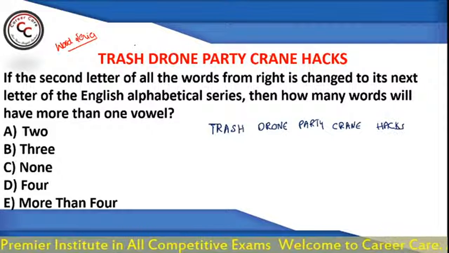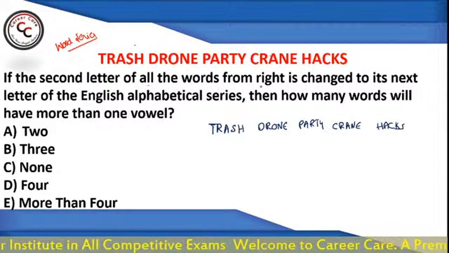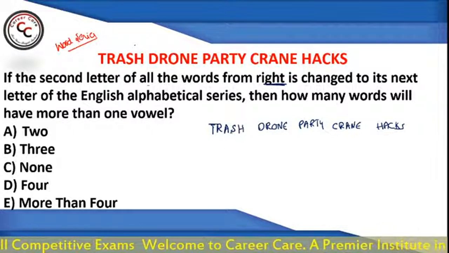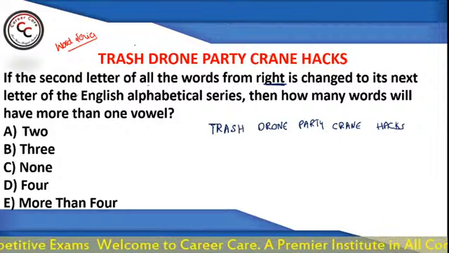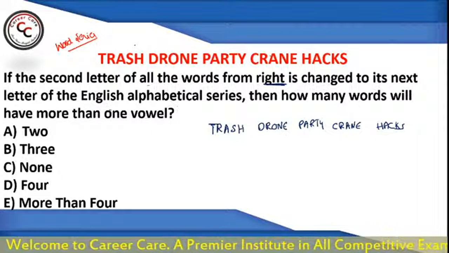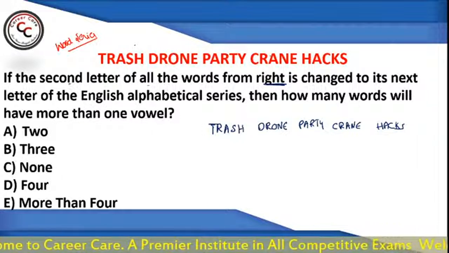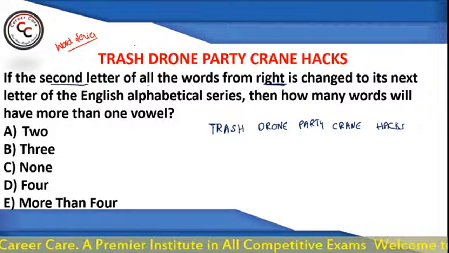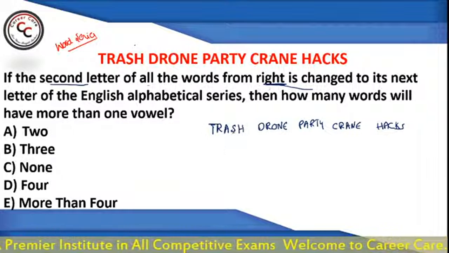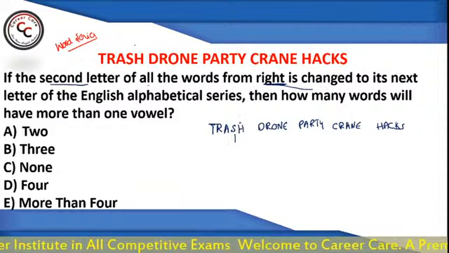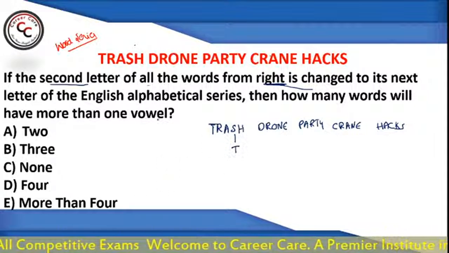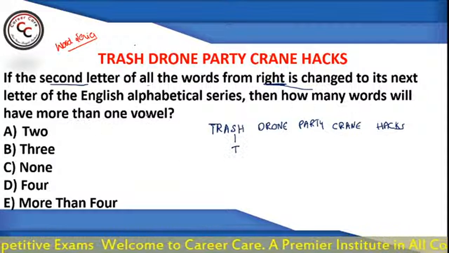In that question, if the second letter from the right side of all the words is changed to the next letter of the English alphabetical series, then how many words will have more than one vowel? So here he is telling us to concentrate on the second letter of the word from the right side. In trash, the second letter from the right side is S. If I change S to the next letter, it is T, PQRST. So how many words are found which have more than one vowel?